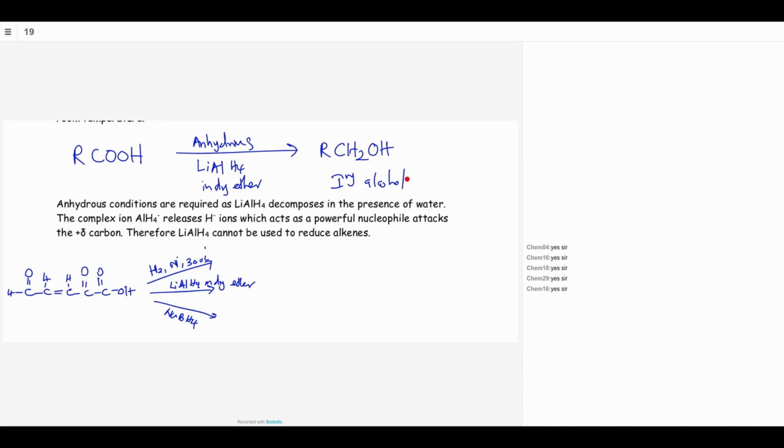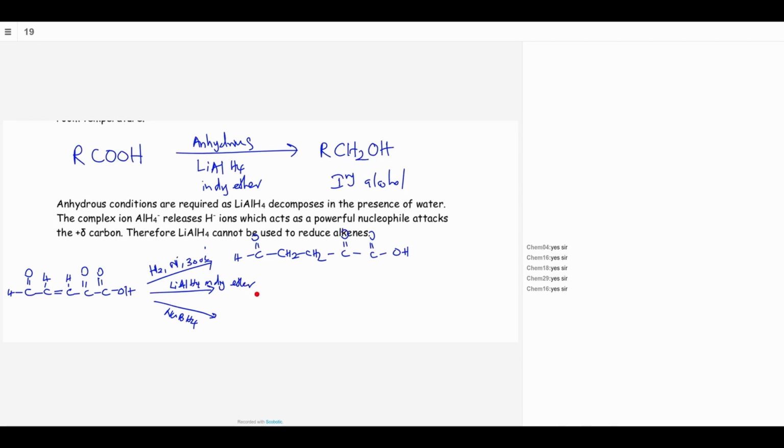And let's check the answers. Now, hydrogen with nickel catalyst reduces a carbon-carbon double bond. So you get CH2, two hydrogens added. Nothing happens to the carbonyl groups or the carbonyl compounds, because hydrogen with nickel catalyst releases H plus ions.